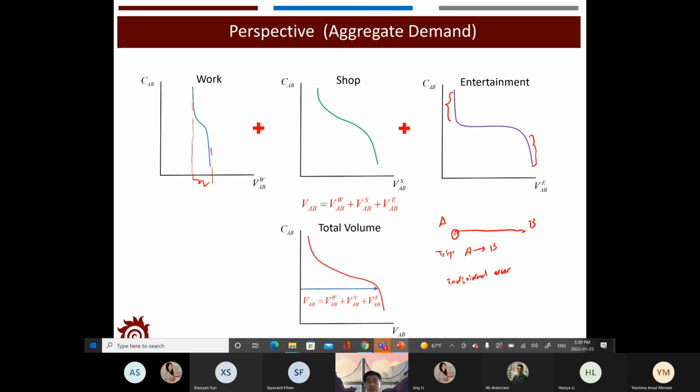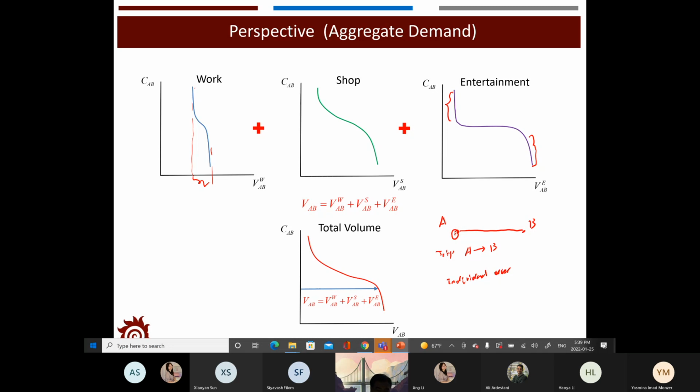So say that at point A, I just assume there's 1,000 population. They may generate, say, 2,000 trips from A to B. Then these 2,000 trips are the aggregate demand.